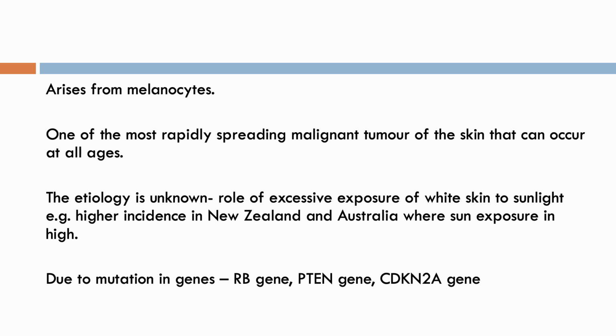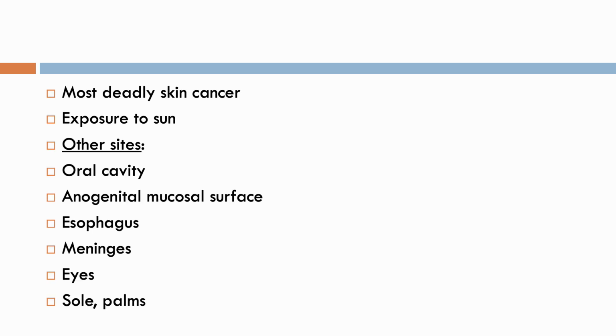The CDKN2A gene is a tumor suppressor gene. RB gene is also a tumor suppressor gene. PTEN gene is another tumor suppressor gene. So it is the most deadly skin cancer due to exposure to sun.